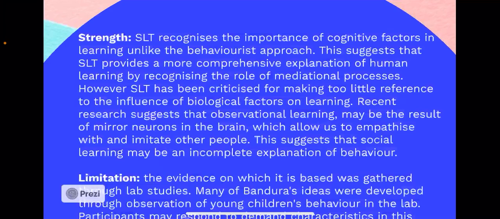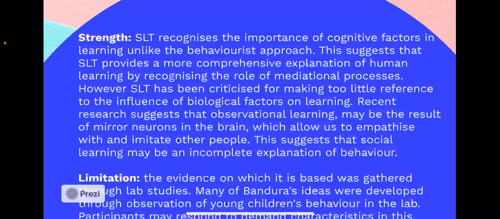So we're bringing in another approach to evaluate social learning theory. And it's really important when you are doing your revision, especially in the approaches and the issues and debates section, that you learn a little bit extra just outside that advanced information, just the bits that you need to bump up your evaluation.